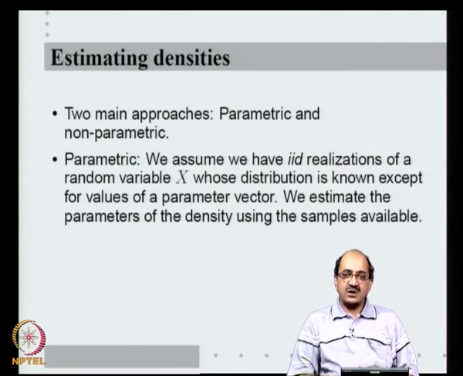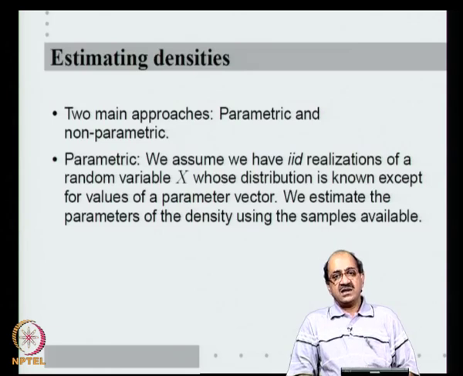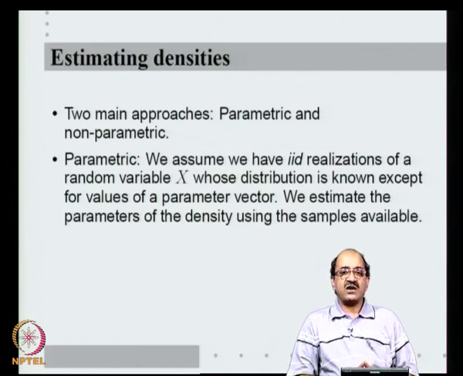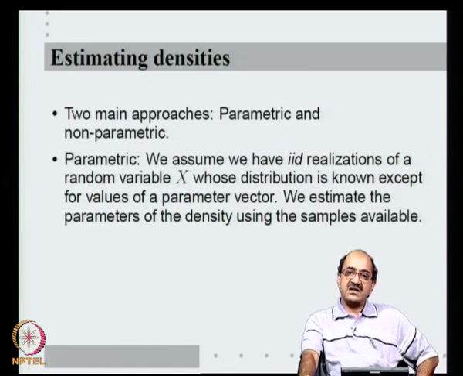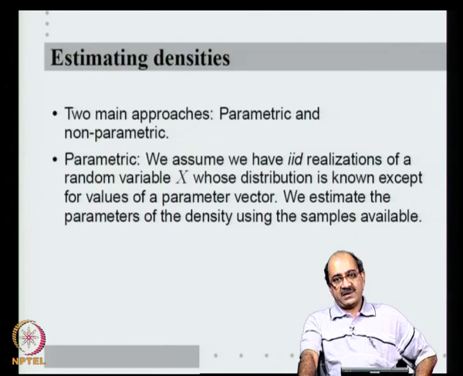Or I may know that the class conditional density is exponential, but I do not know the lambda parameter, and so on. So, in the parametric approach, we assume that the data given to us are IID realizations of a random variable x whose distribution is known except for the values of some parameters. Then we need to estimate the parameters of the density from the samples available. This is the parametric method.